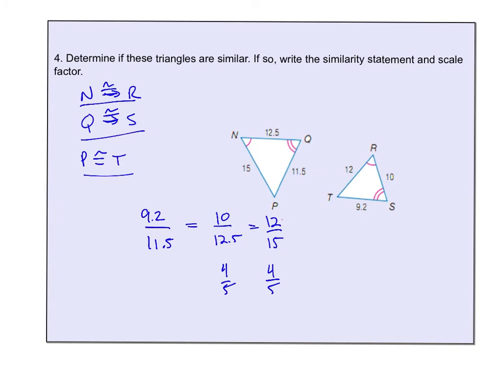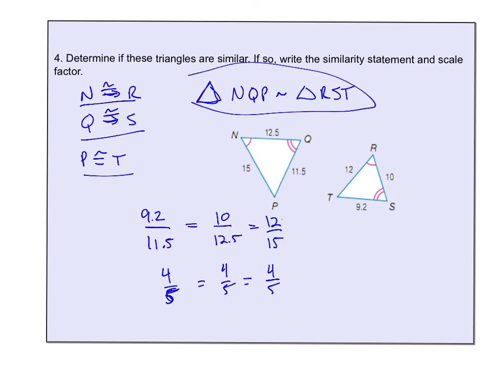So yes, those are all equal. My similarity statement would look something like this: triangle NQP is similar to triangle RST, because that's how they match up. That will be my similarity statement.